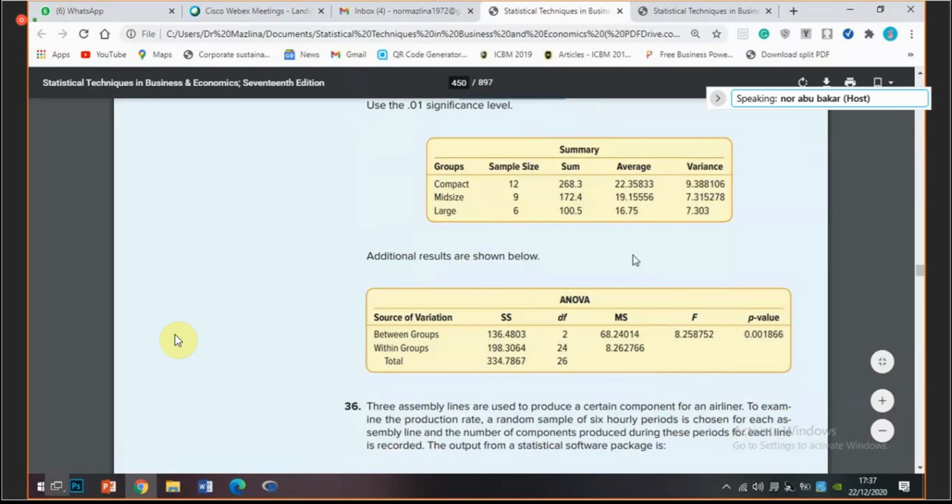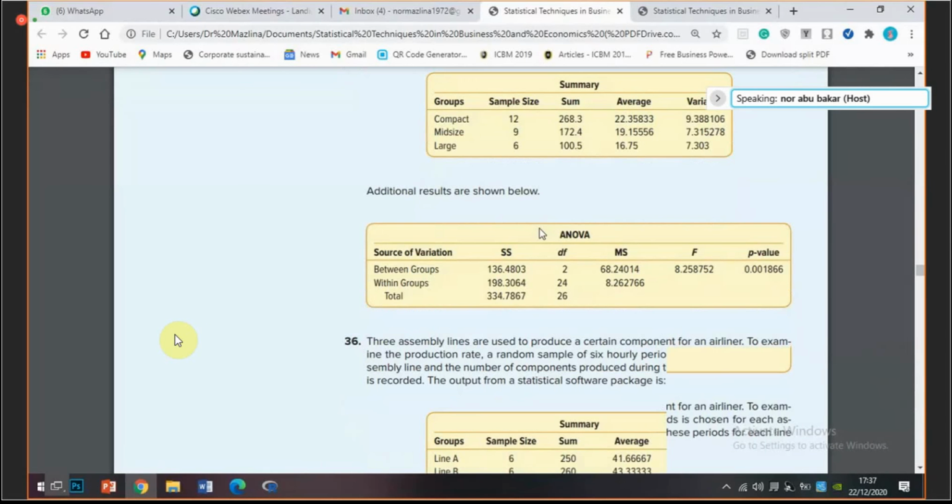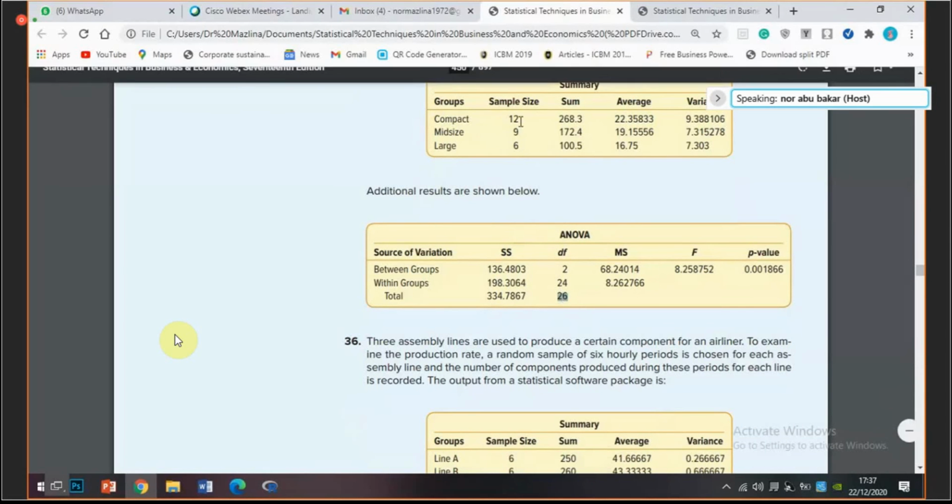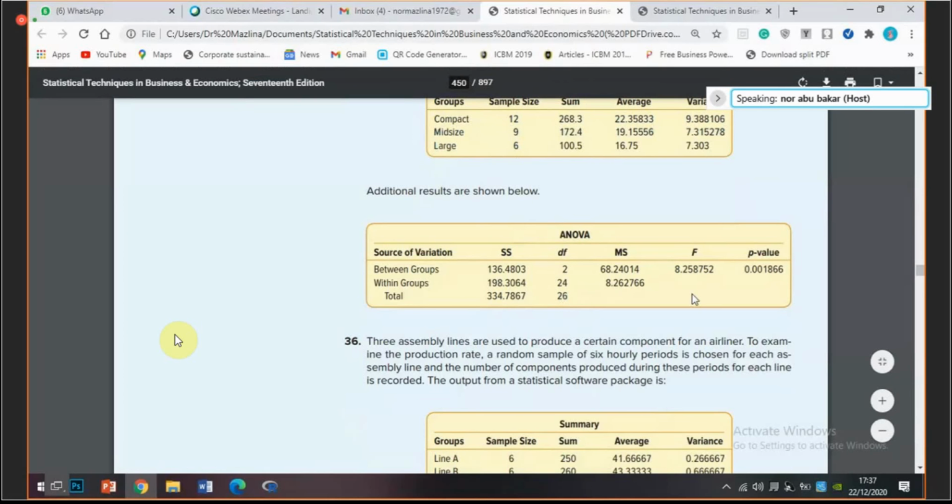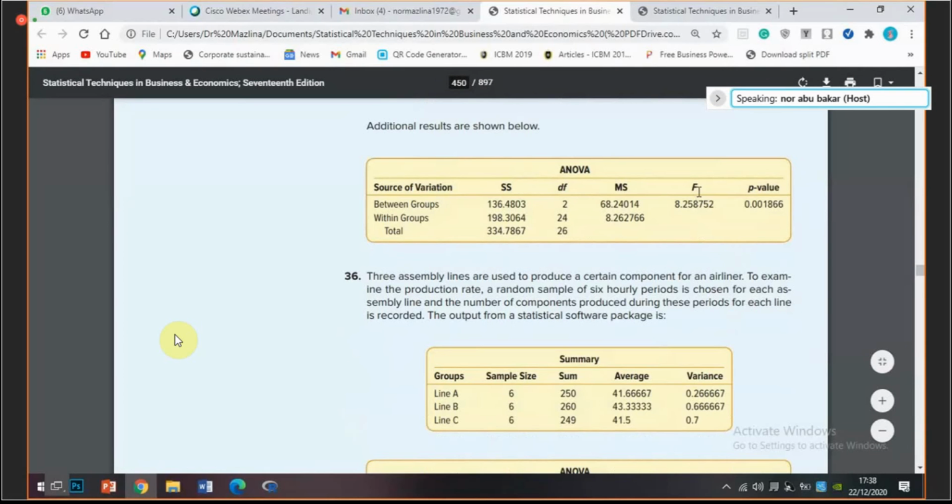Jadi tak payah nak kira pun kan, kita just tengok the sample sizes. You have 1296 from the 3 different cars. Now look at the degree of freedom and also the total of course 26 sebab awak campur semua ni. Now look at the F value.